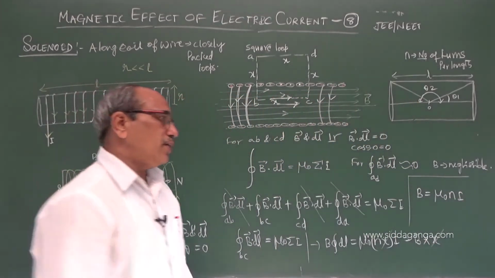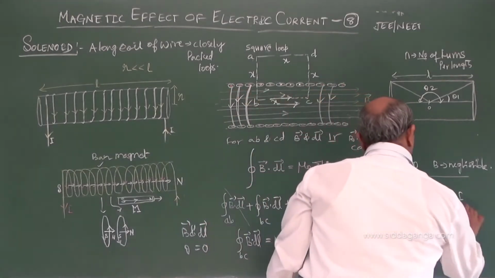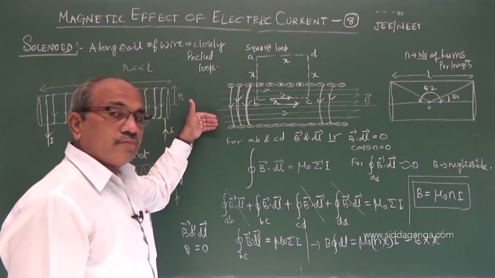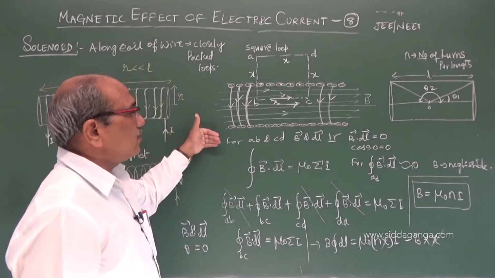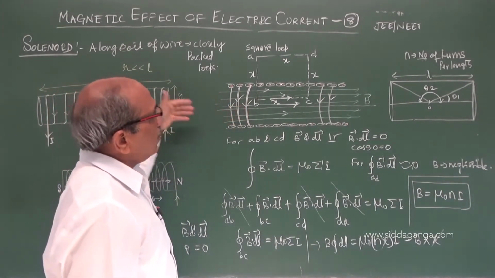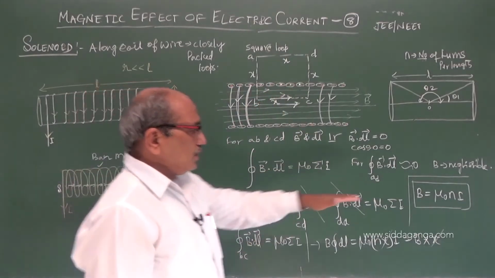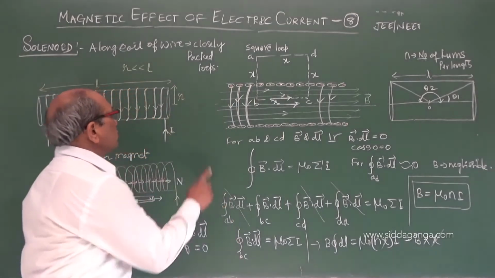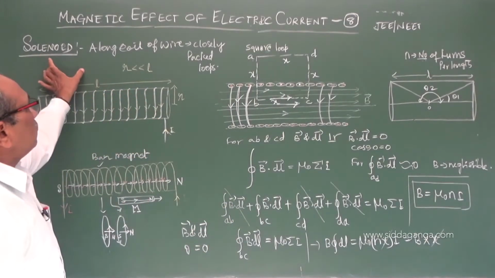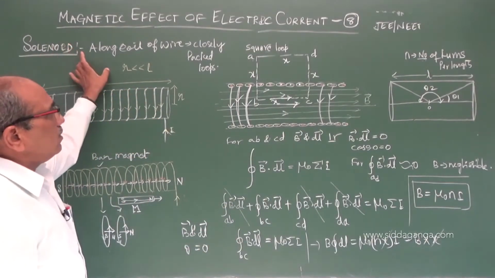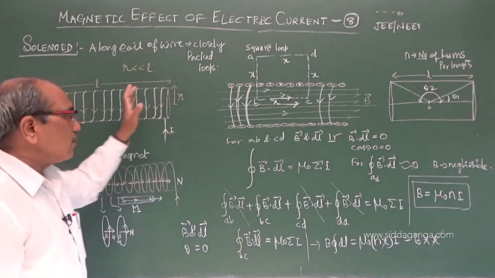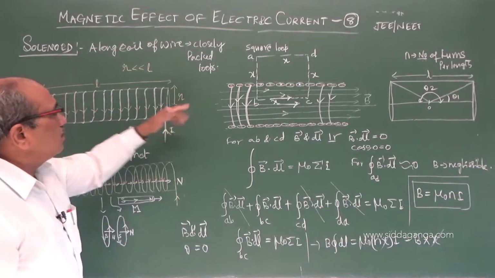That is how we derived the expression for magnetic field in case of a solenoid carrying current, within the solenoid along the axis. What is a solenoid, I explained to you: a long coil of wire consisting of closely packed loops on a hollow cylinder.